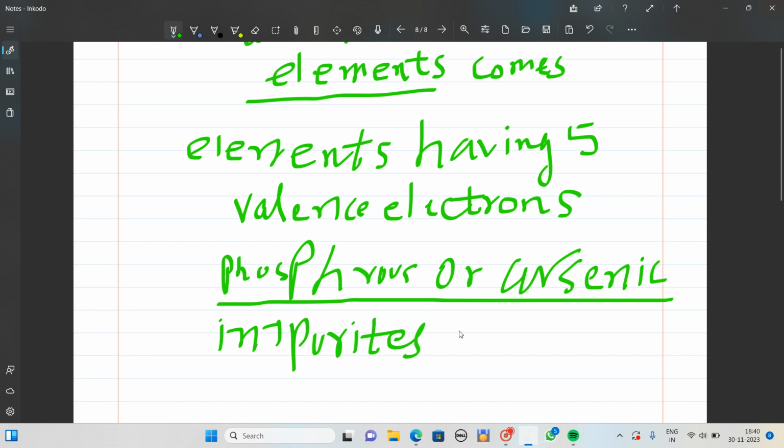To increase the resistivity of the semiconductor material.